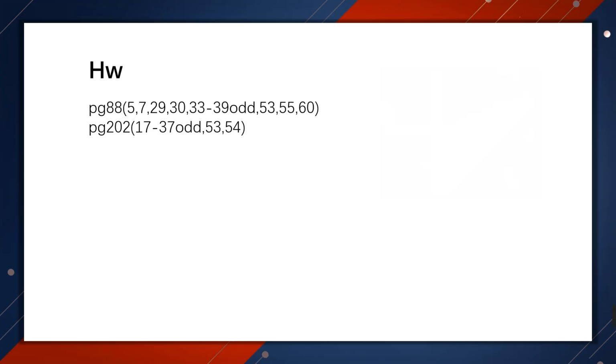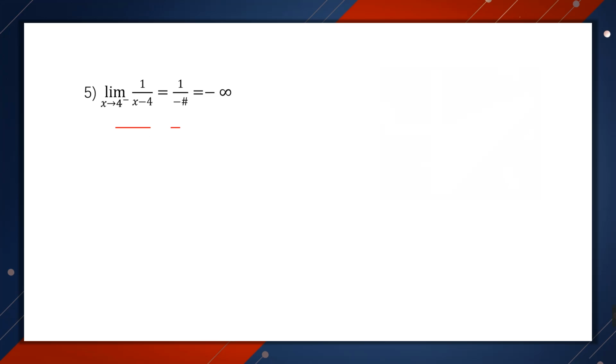Then we will talk about our homework in this course. Firstly, the limit of 1 over x minus 4 as x approaches 4 from the left side. We can know that 4 is a vertical asymptote of this function, because when the denominator is 0, which means x minus 4 is 0, x equals 4.